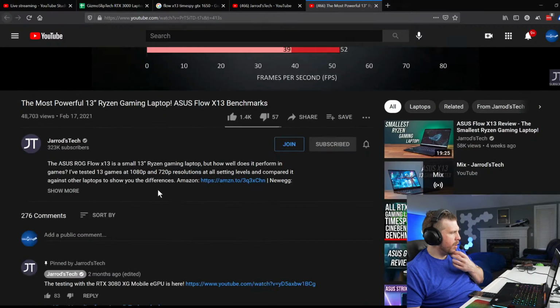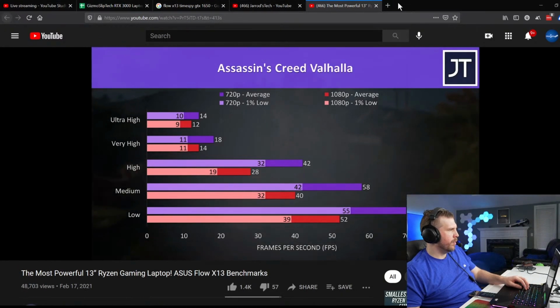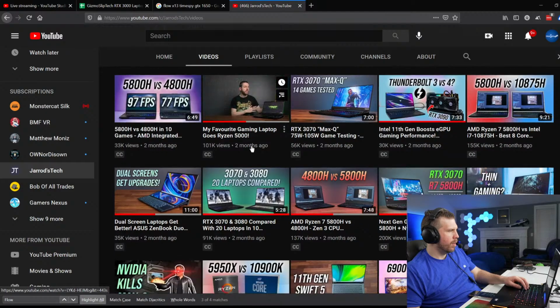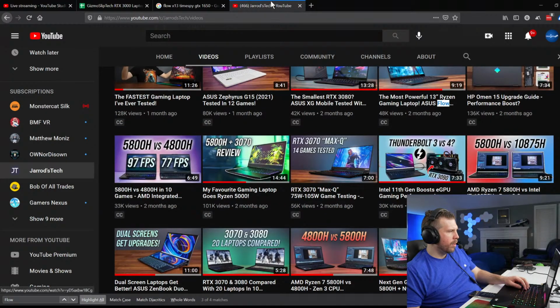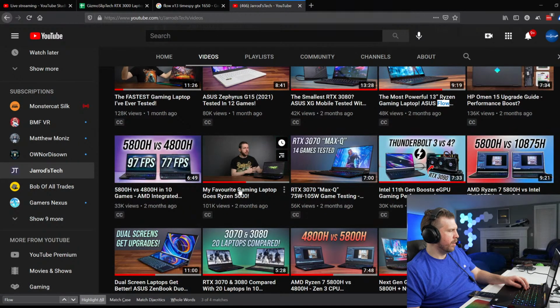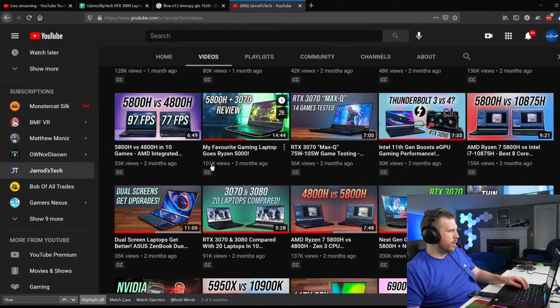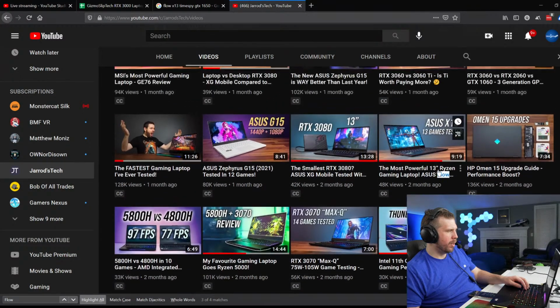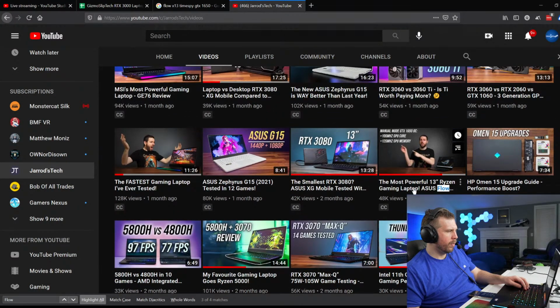I do not see Timespy anywhere in there. Sad day, cannot find this value for the Flow X13. Maybe it's in here.